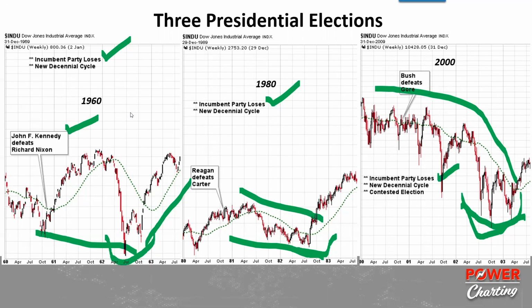So he lowered income taxes, corporate taxes, dividends, and capital gains. And as a result of that, kicked off a very important bull market in the 1960s, which we'll look at in a minute.